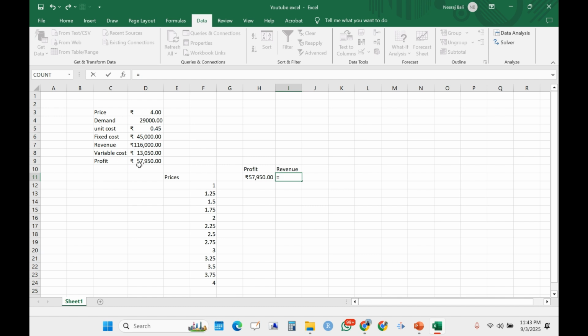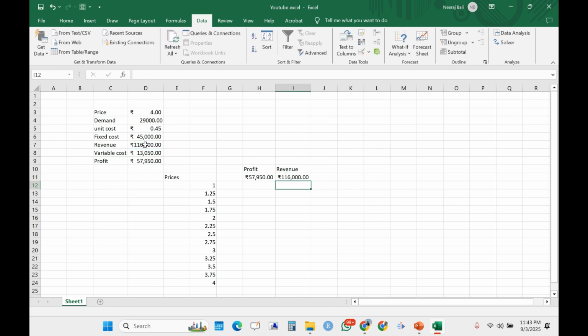So like this, the model can be anything, and we have to link it with what-if analysis so that we can have various options easily. Revenue is where? Over here. So I just press enter. What about the next thing I would like to know? I would like to know about variable costs. So what is the variable cost? Where is it?